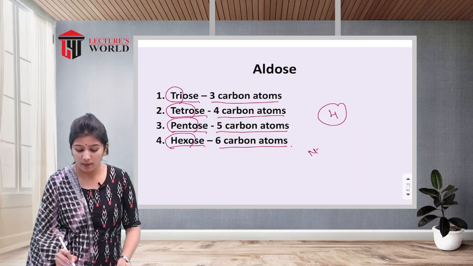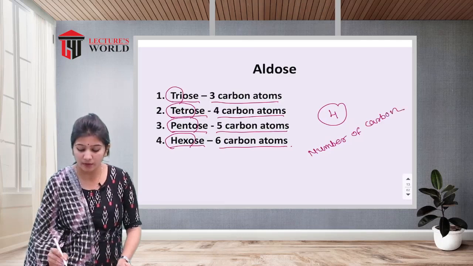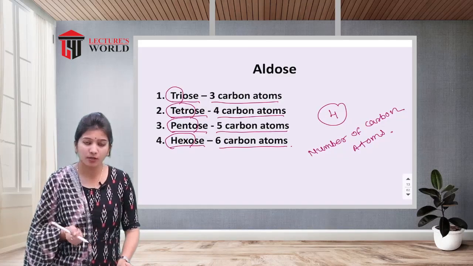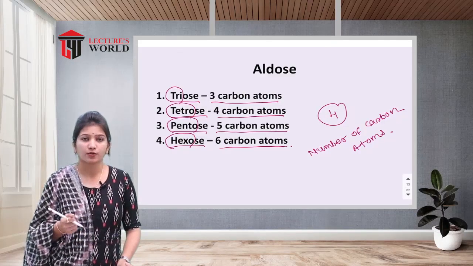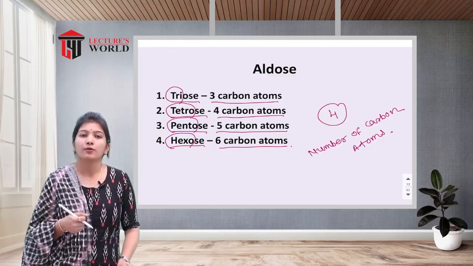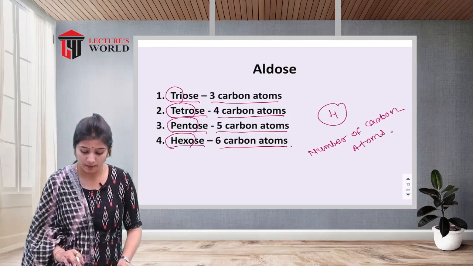The number of carbon atoms is necessary to differentiate the types of aldose: triose with 3 carbon units, tetrose with 4, pentose with 5 and hexose with 6 carbon units.